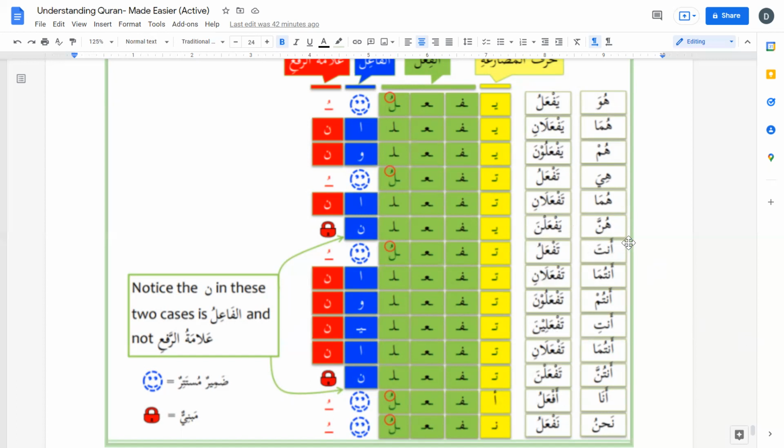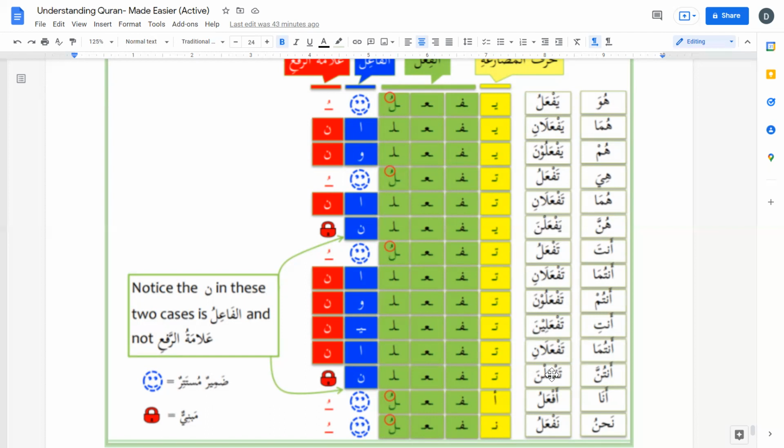Two are still left, hunna and antunna version. Hunna and antunna, they remain the same, whether they are rafa, nasb, or jazm. Yaf'alna and taf'alna are the same in rafa.